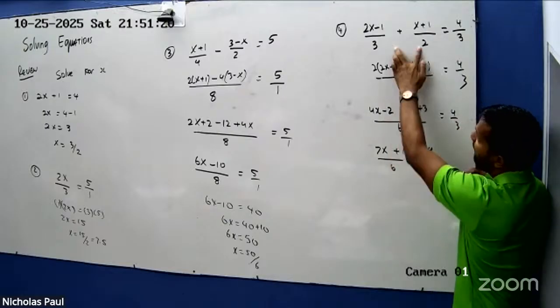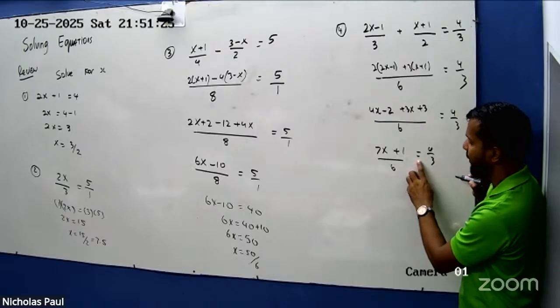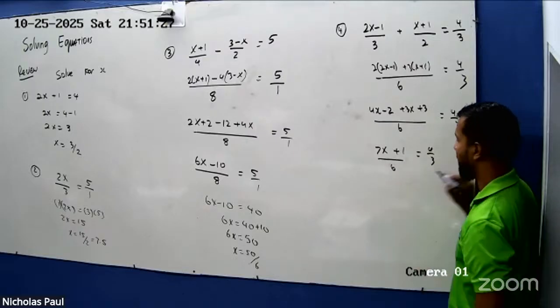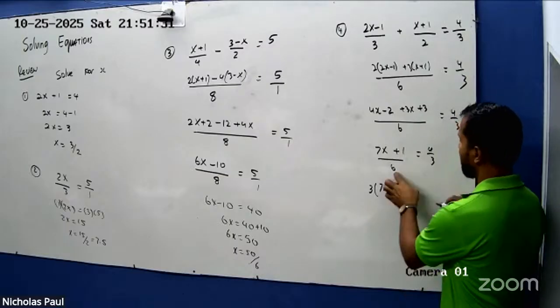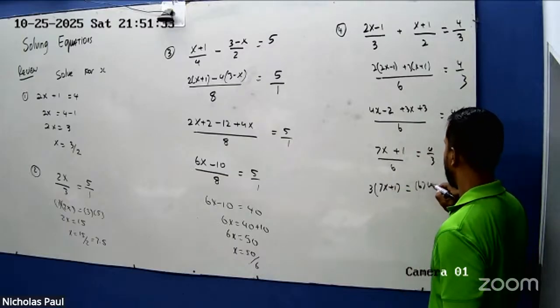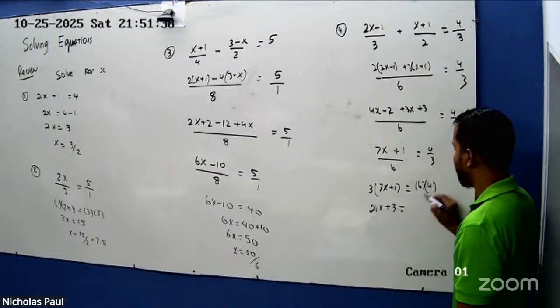Now we went from 2 fractions to 1 fraction. 2 fractions on either side, separated by an equal sign, cross multiply. 3 by 7x plus 1, 6 by 4. This is 21x plus 3. This is 24.